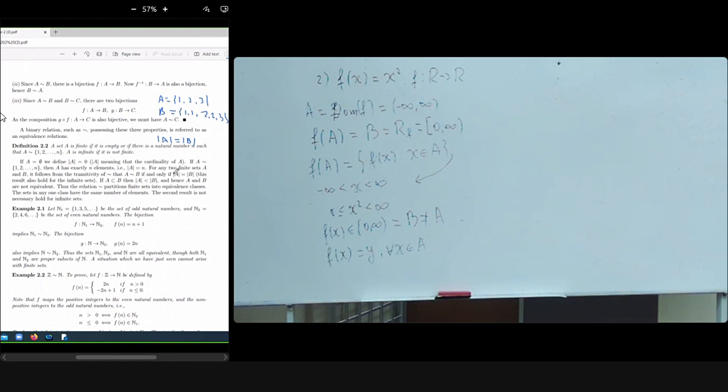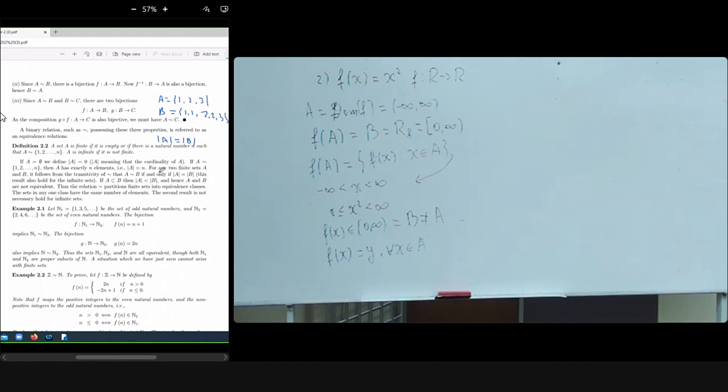This one we previously discussed, but I am reminding you: for finite sets A and B, it follows by transitivity that if the cardinal number of A equals the cardinal number of B, then we say that A is equivalent to B as well. Cardinality implies equivalence of the sets.